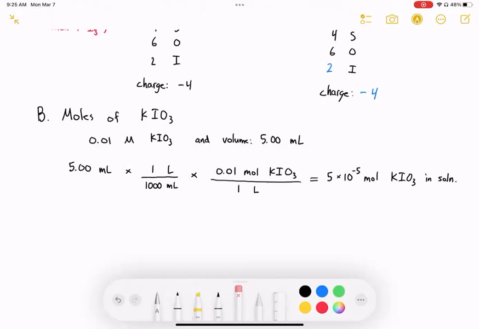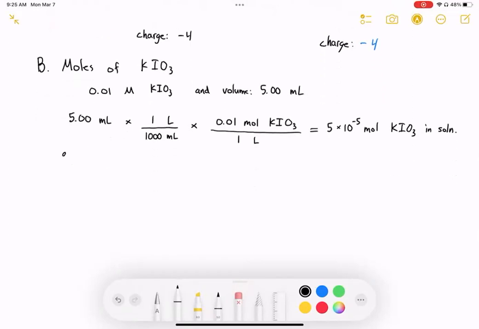Okay, so now to determine the moles, remember at the endpoint, the moles of our titrant equals the moles of our analyte, right? So at equivalence point, moles I2 equal moles S2O3 2 minus.